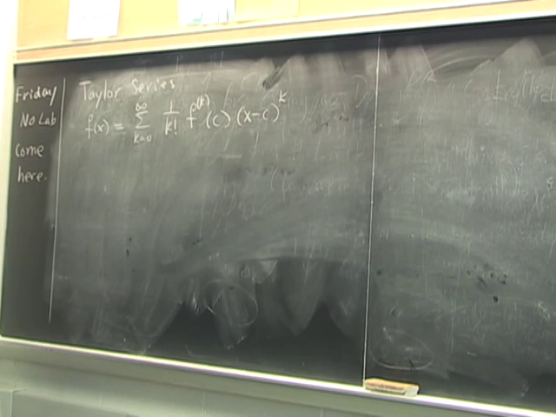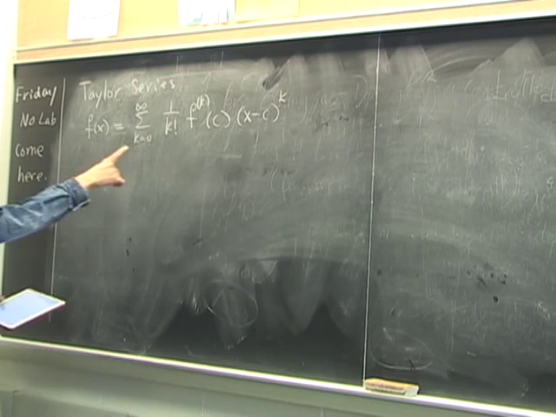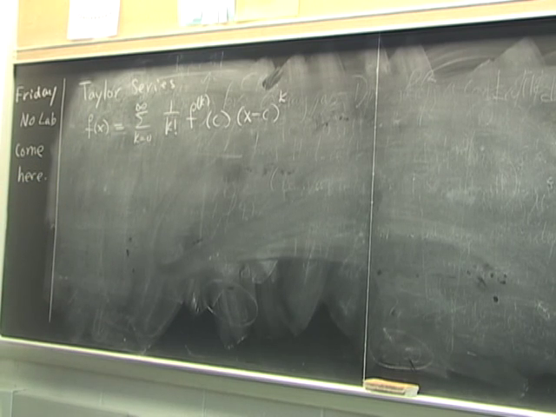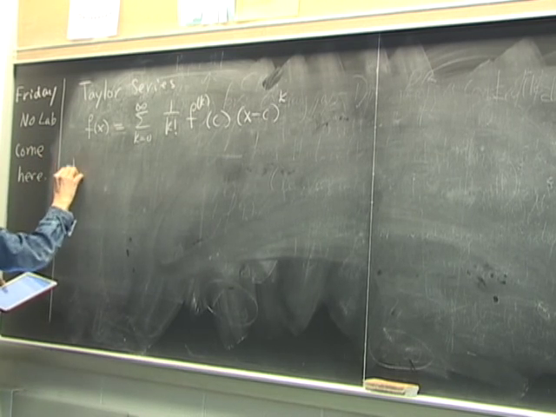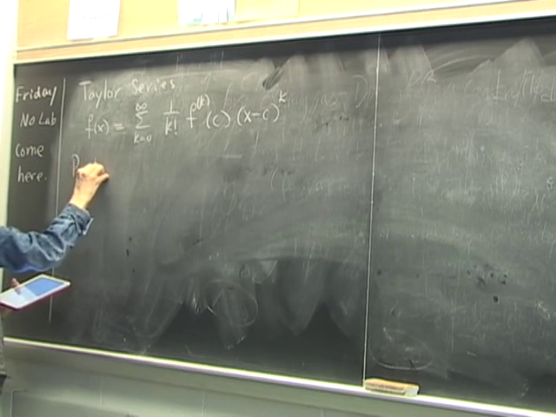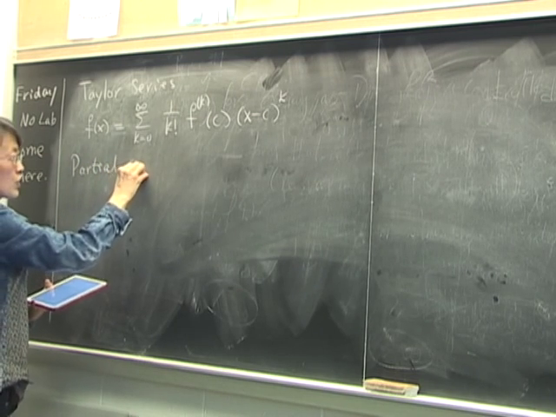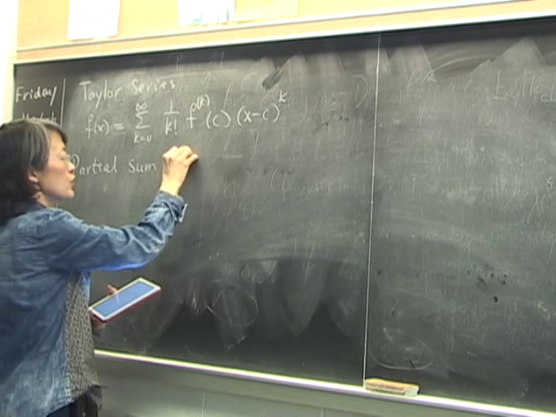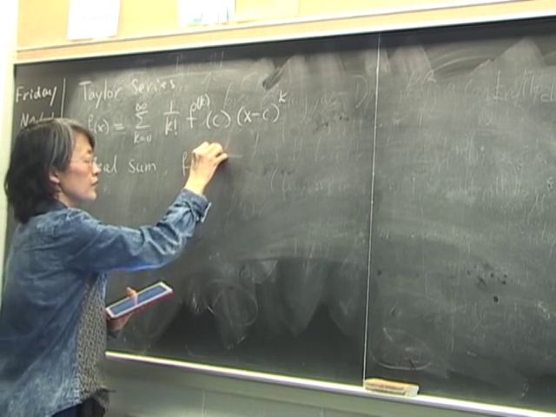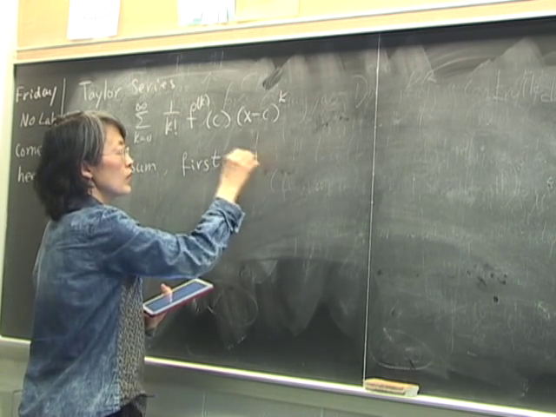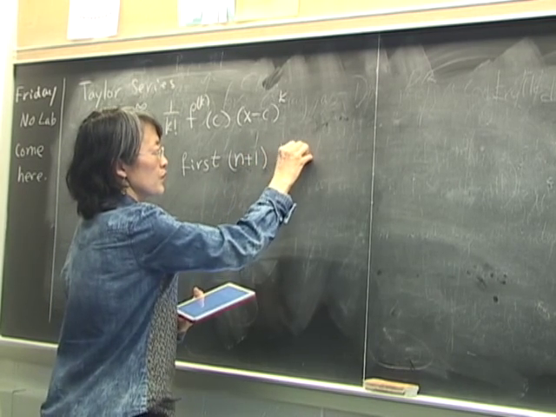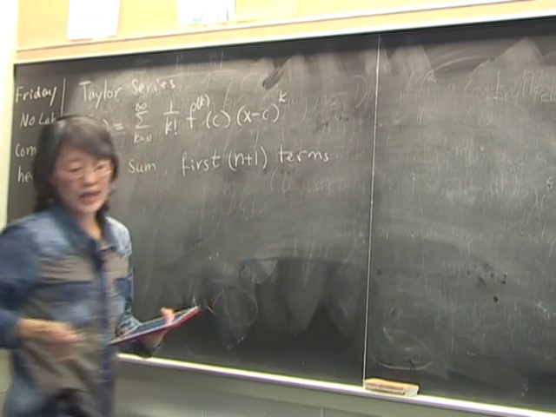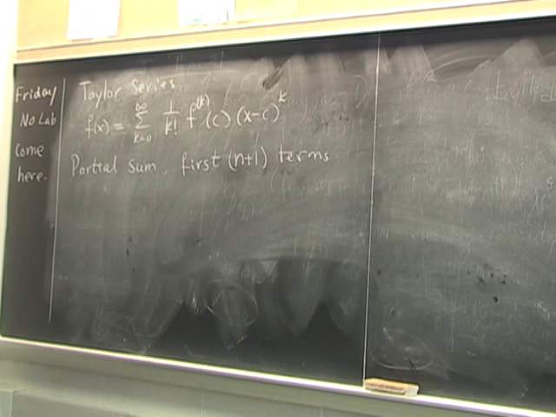When you do it in your computer, of course, you never go to infinitely many terms. You will cut it off. You will just take the first n plus 1 terms and throw away the rest.